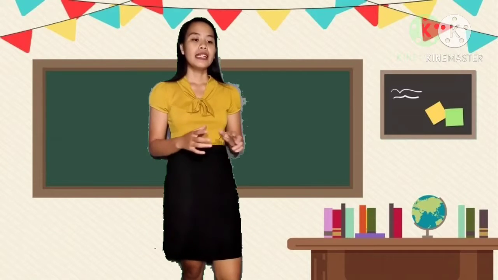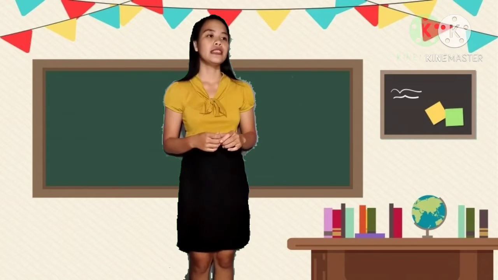Okay. So I will be giving you 5 minutes. Once the time is up, we will start with group 1 to report, okay? So start your activity now. Leaders, come here and get your jigsaw puzzle.